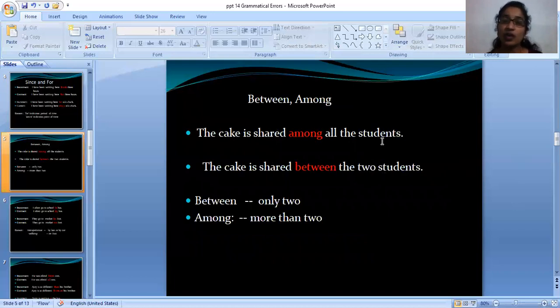If it is more than two, then we have to use among. If it is two, what preposition do we have to use? Between. If it is more than two, the preposition to be used is among, not between.